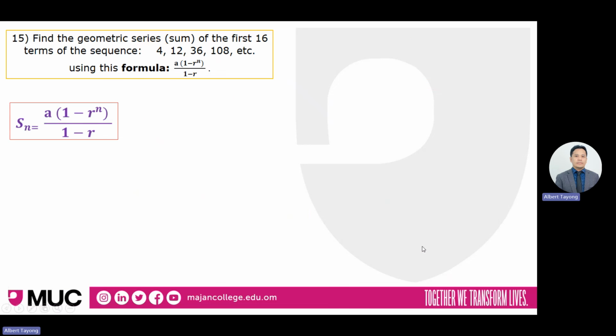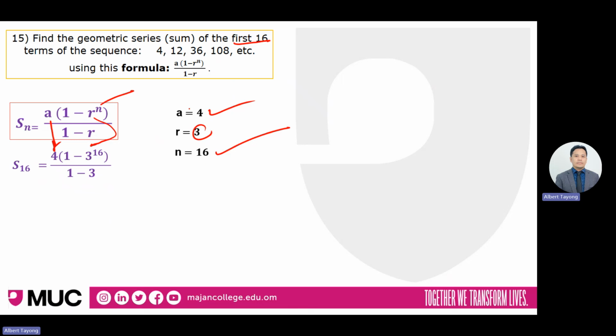So our A is 4, our R is 3, our N is 16 because we're going to get the sum of the first 16. So we have to plug in all the values. Our A is 4 and our R is 3. So this becomes 3 and N is 16, because first 16, and this is 1 minus 3.